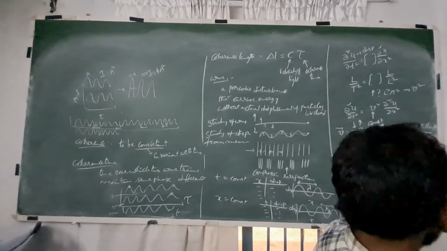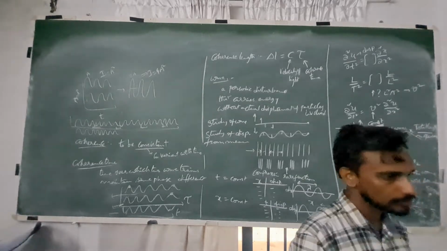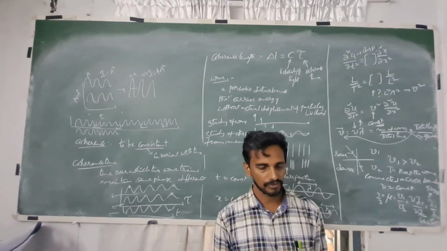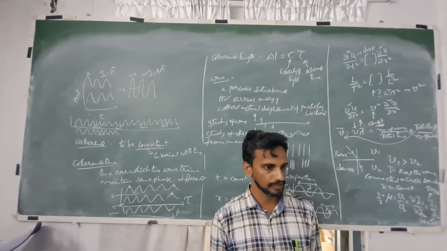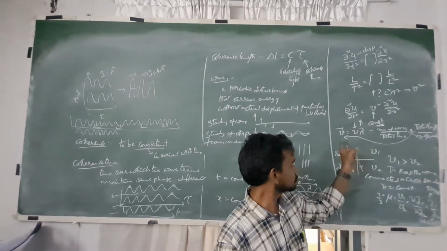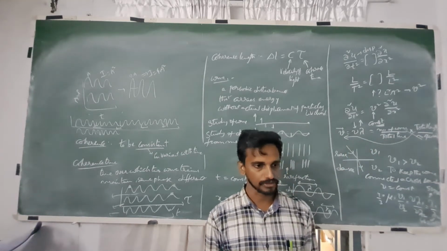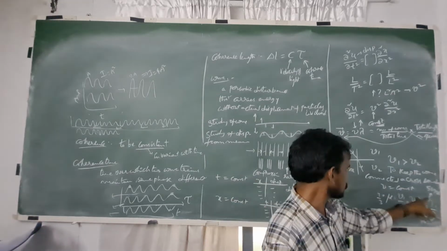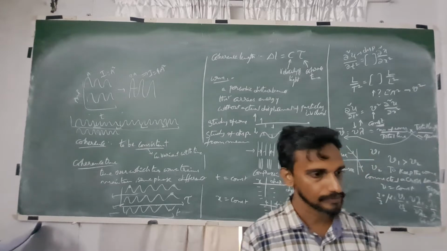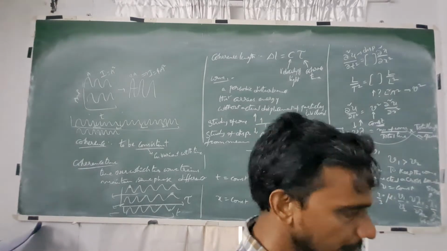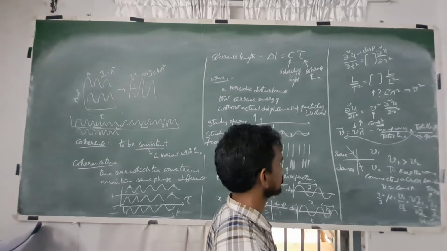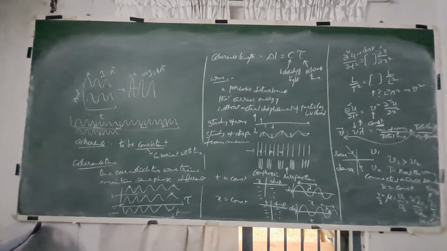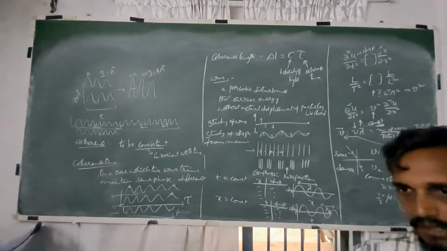So if you check, the frequency is what? Velocity by wavelength. That remains constant. Let's say if you take yellow color, what is its frequency? Frequency of yellow light, calculate C by lambda.